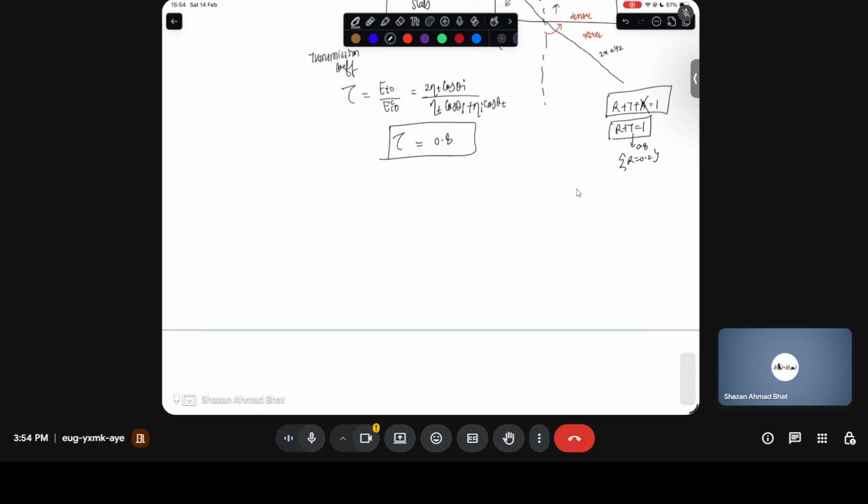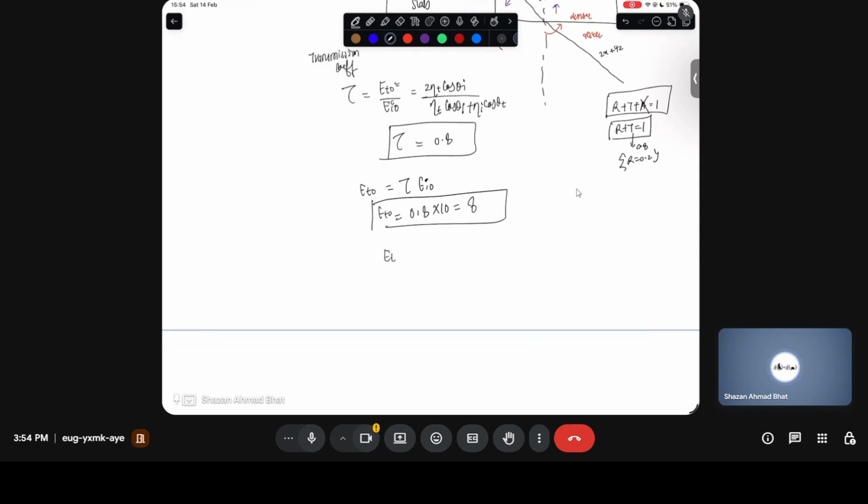Then what you have is you can write ET0 to be equivalent to tau times EI0. So you get 0.8 times the 10, which was incident, which was earlier given in the question. This is 8, so the transmitted amplitude will be 8.